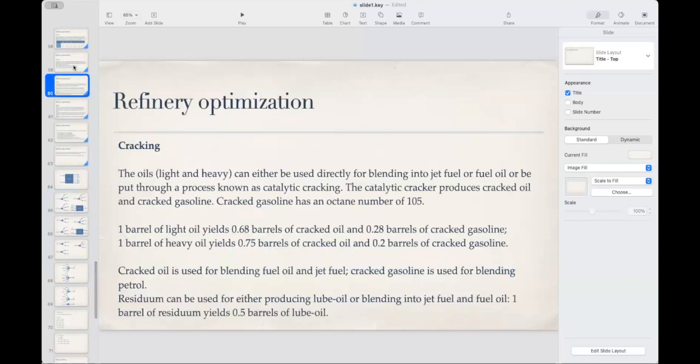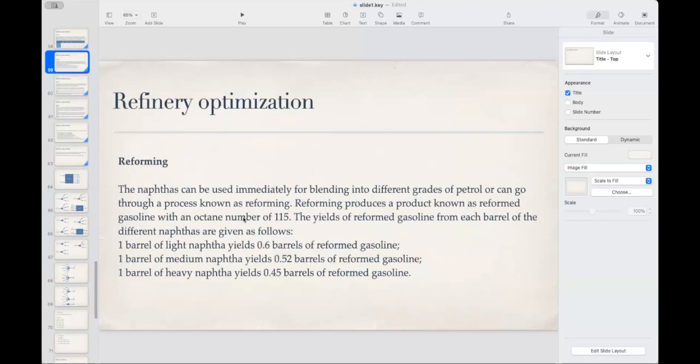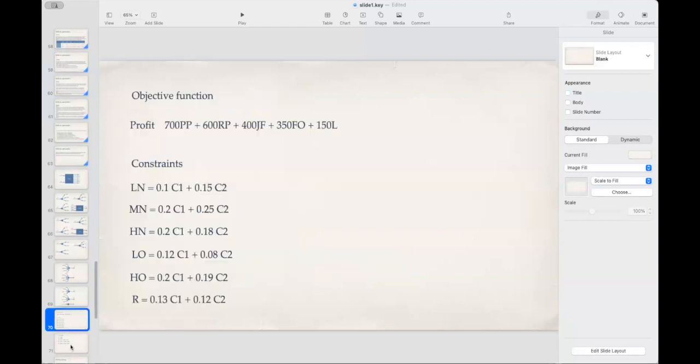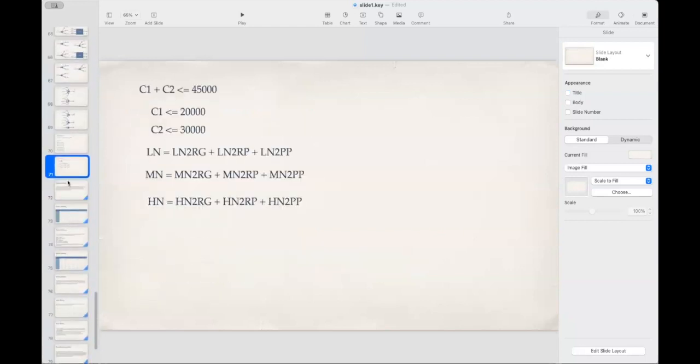You check this reformer, because 1 barrel of light naphtha yields 0.6 barrels of reformed gasoline, and 0.52 barrels of reformed gasoline if we feed medium naphtha, and in case of heavy naphtha, it yields 0.45 barrels of reformed gasoline. So Rg must be, yeah.